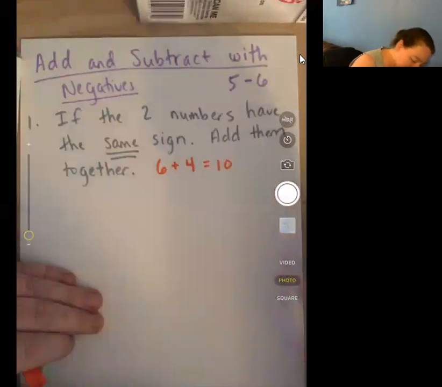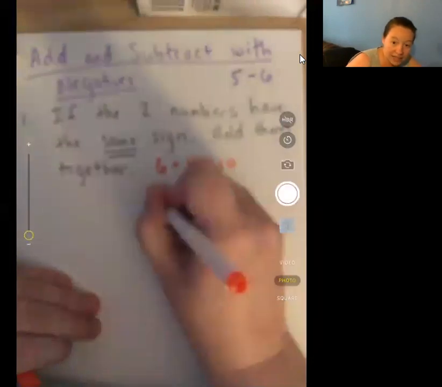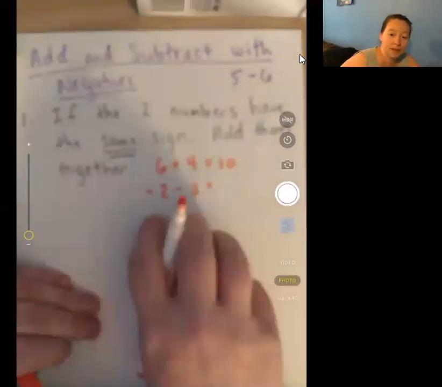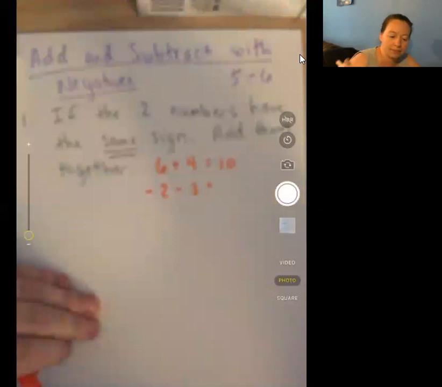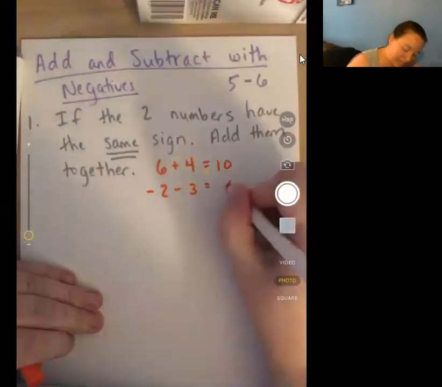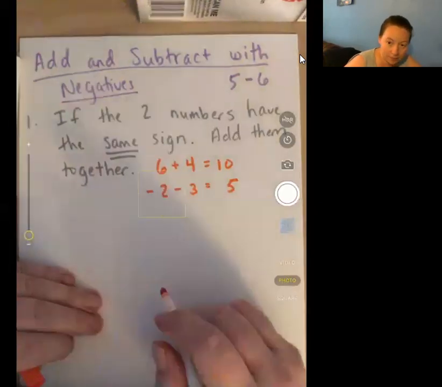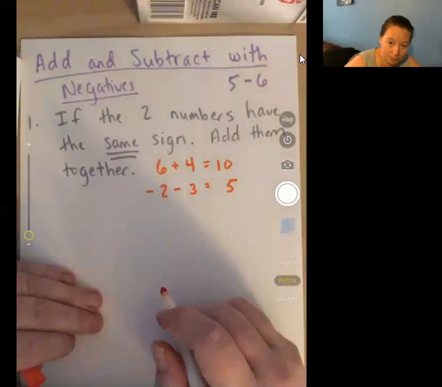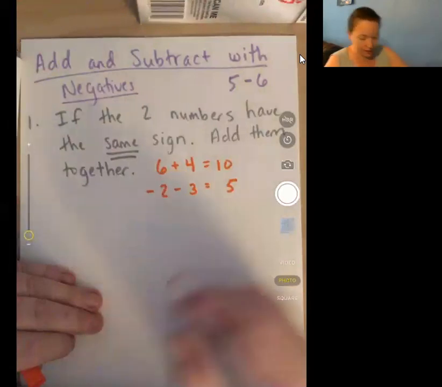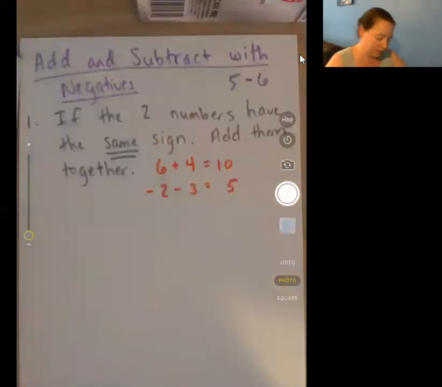If I have -2 minus 3, these are both negative signs. I add them together to get a 5. Now the sign comes in because they're both negative. Let me use this.